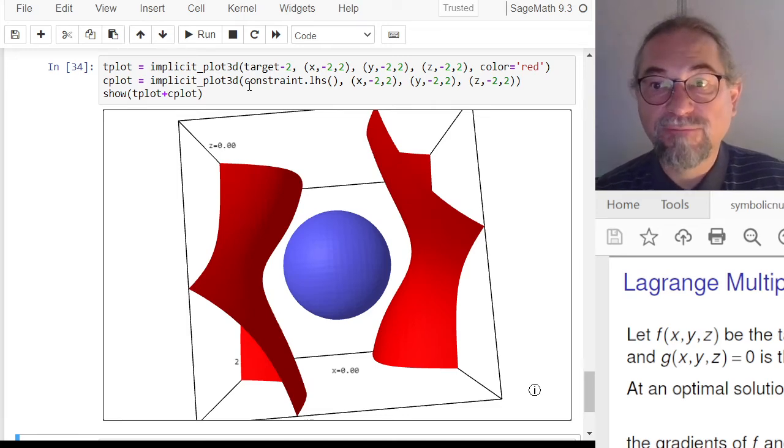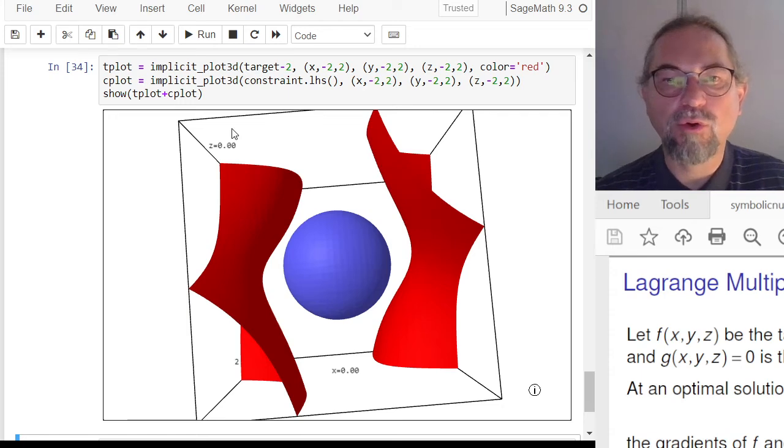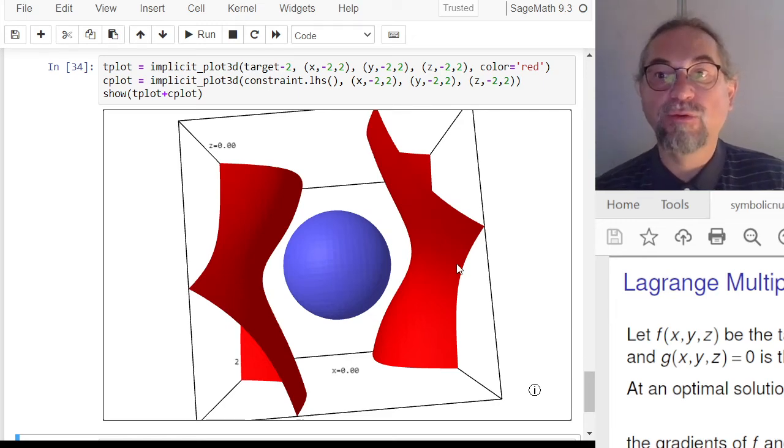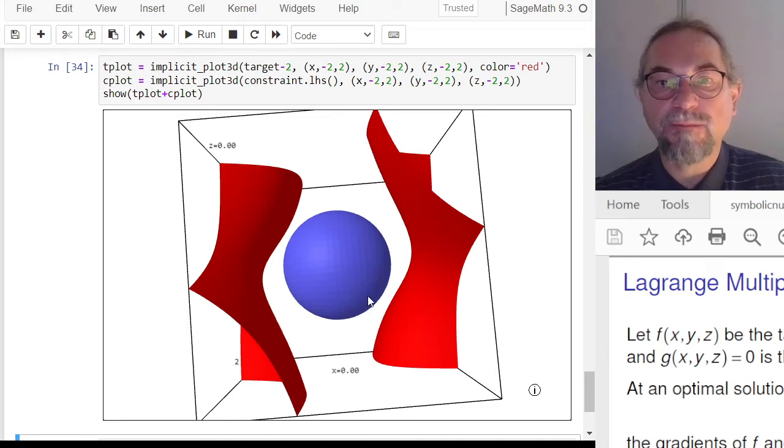So this also gives me an upper bound on the optimal value. For all the points on this blue sphere here, I cannot reach the target. There is no point on the blue sphere for which the target will meet.